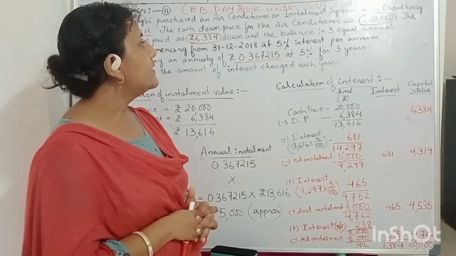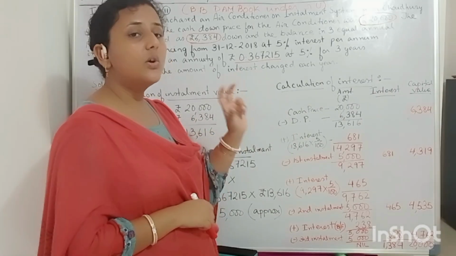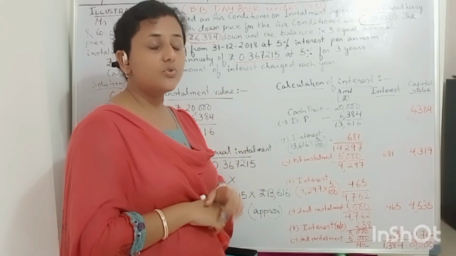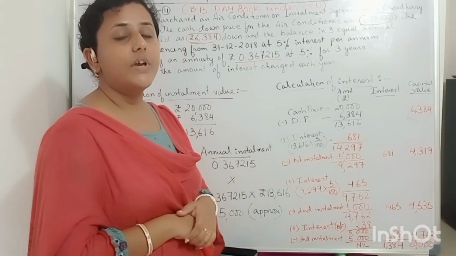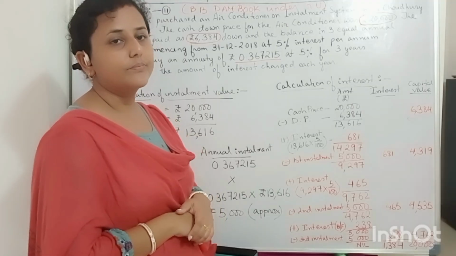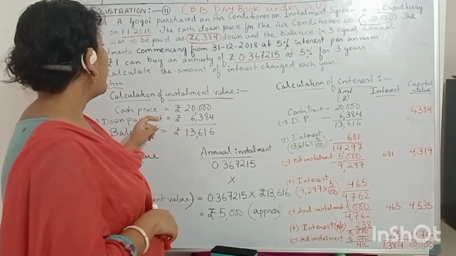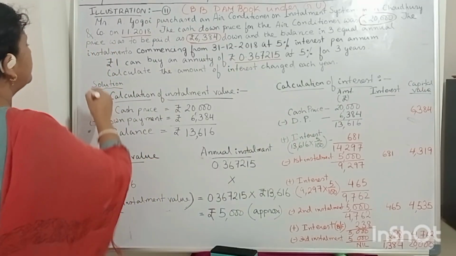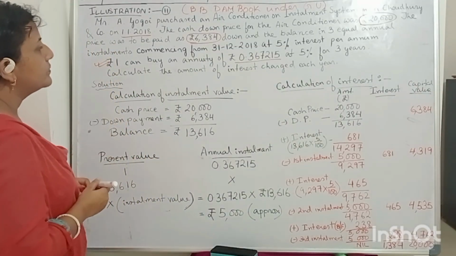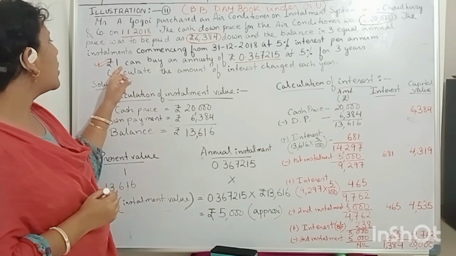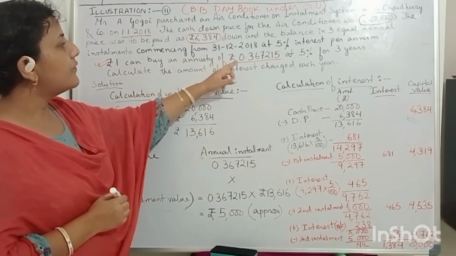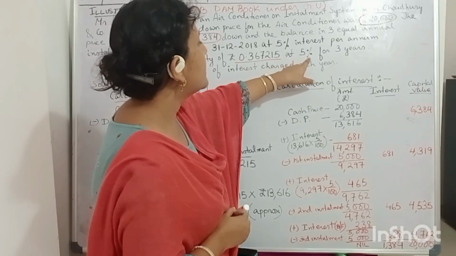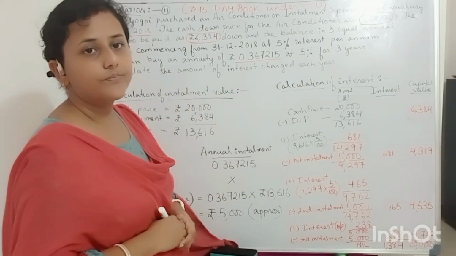It is said that installments are equal, and there are 3 installments. So you have to calculate the value of each installment. That can be done by using this annuity table, that rupees 1 can buy an annuity of rupees 0.367215 at 5% interest for 3 years.